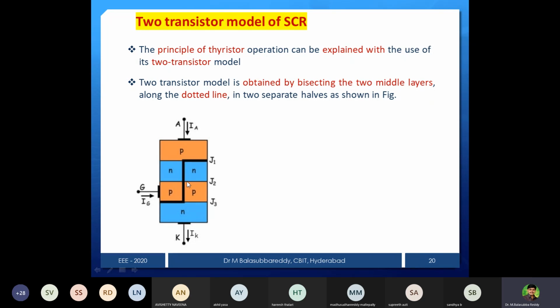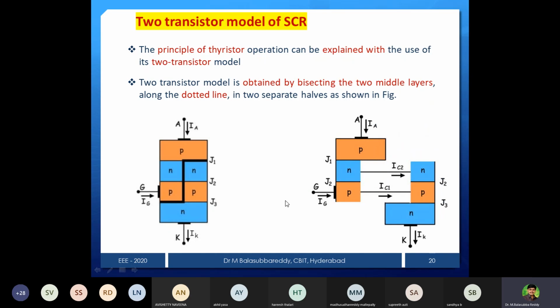These two are the middle layers. Bisect and separate them. If you separate, what will happen? PNP is one structure, NPN is the other structure. Now you can see that after dividing this, we have a PNP and an NPN structure. Now there is an anode, cathode and gate terminal. So this is the division of the device.